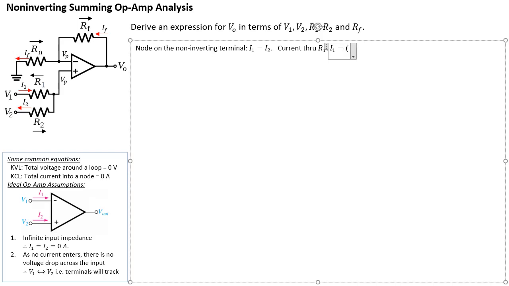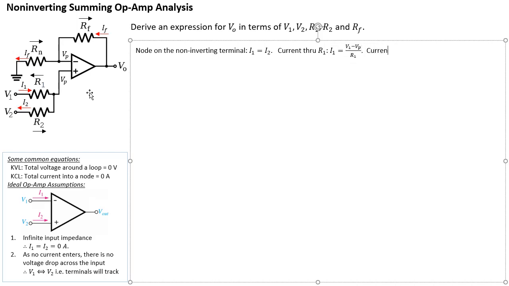So the left side of R1 is labeled as V1, minus the right side of R1, which we label as VP, all divided by R1. So that's our current through R1.